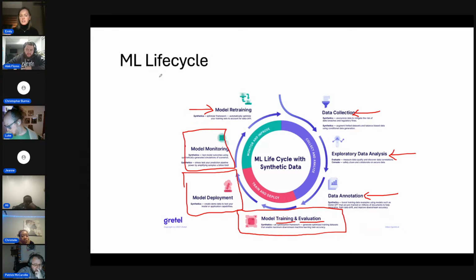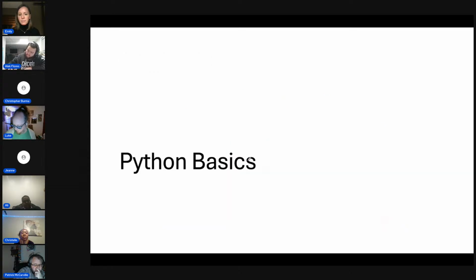And that change happens at a micro level as well. So there's probably some care and feeding that a model would need after you put it into production and implement it. All right, I just wanted to give you guys that context of where we're going to be focusing, and it's primarily going to be on the model training and evaluation.